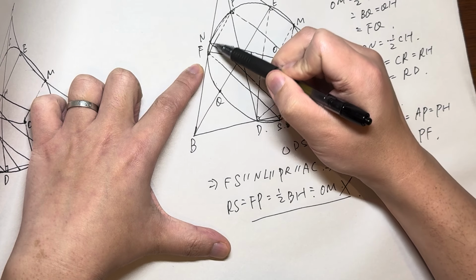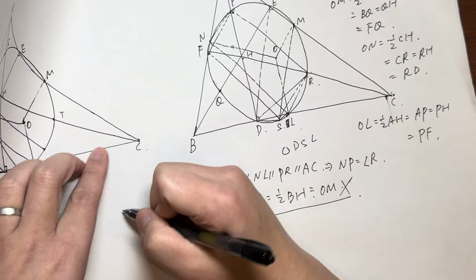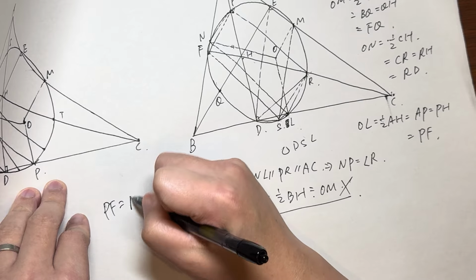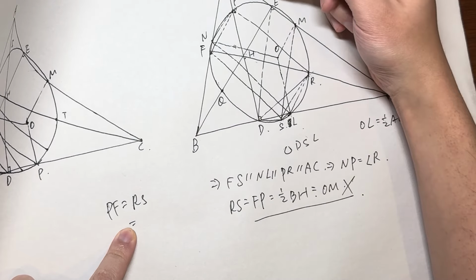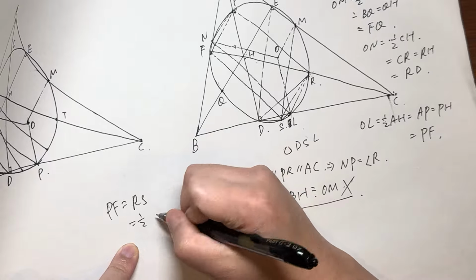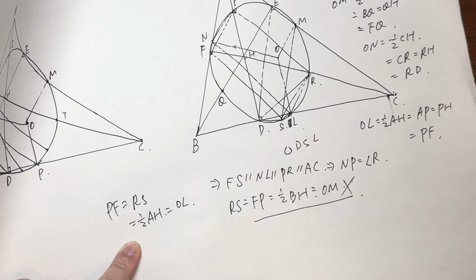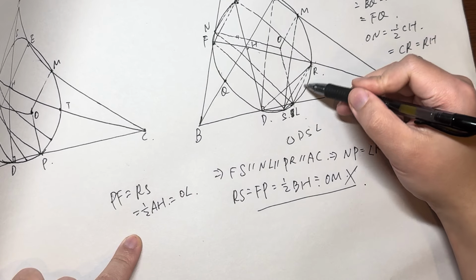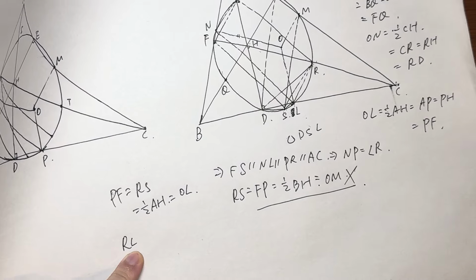So we know that PF equals RS, no problem with it. PF equals RS, which means PF equals RS equals half of AH equals OL. Right, now we want to prove that RL equals OM.